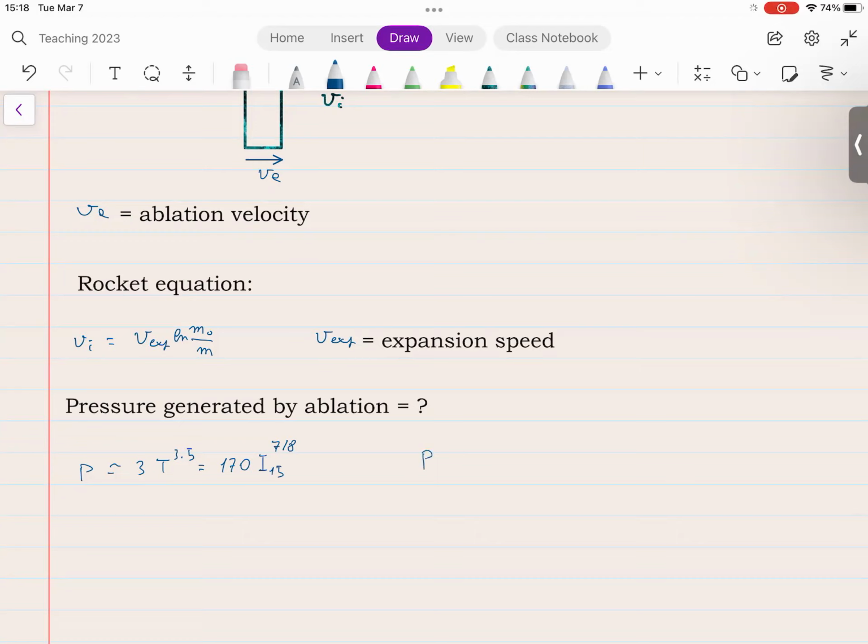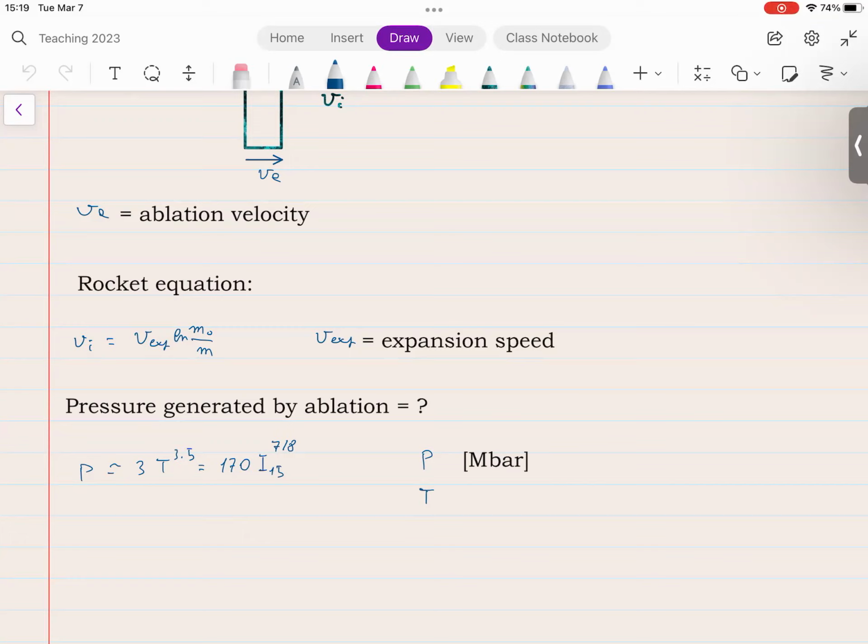P is my pressure, and as I said, it's going to be in megabar. Then T in this expression is, I can put some brackets just to clarify that I'm talking about units here.